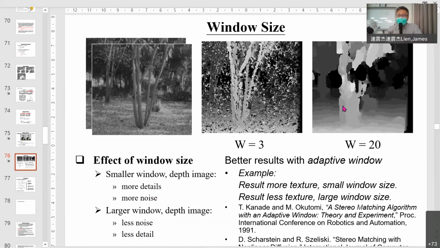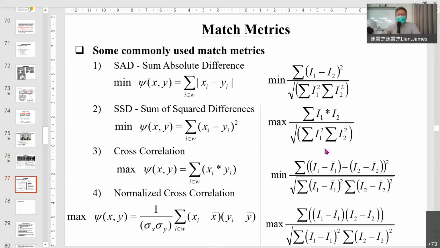When the window is bigger, you consider a wider region, so your noise is reduced because it is averaged out by the neighborhood textures. This is a similarity measure, and the matrix is some method.